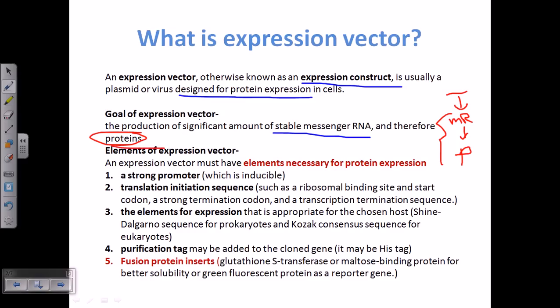Now what are the elements of an expression vector? Remember, I have told you before, when we talked about cloning vectors, that there are certain criteria that must be fulfilled by a DNA sequence to be a cloning vector. They must have some important sequences in them. The three important sequences are the origin of replication, the multiple cloning site, and selectable markers.